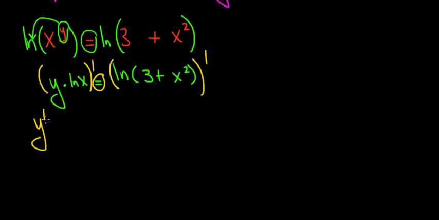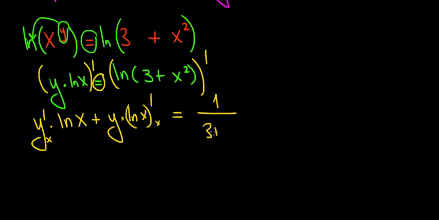Because now we can apply the product rule and we have y derivative with respect to x times ln x plus y times ln of x derivative with respect to x equals the derivative of this entire expression with respect to x. That's going to be 1 over 3 plus x squared times 3 plus x squared derivative with respect to x, because it's the chain rule. It's an expression of x, not just x.